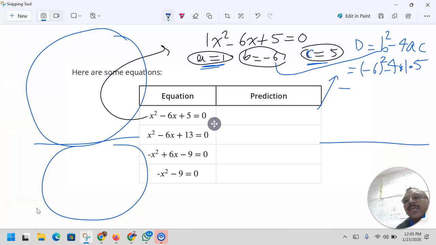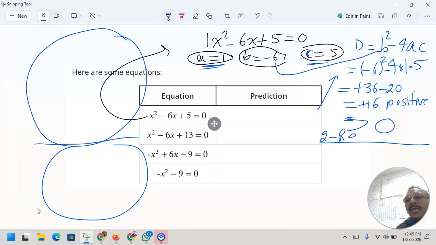Negative 6 times negative 6 is positive 36, and minus 20. You take away 20 from 36, you get positive 16. So you got a positive answer, which means this number is greater than 0. And positive means you have two real solutions. That's it, you're done.